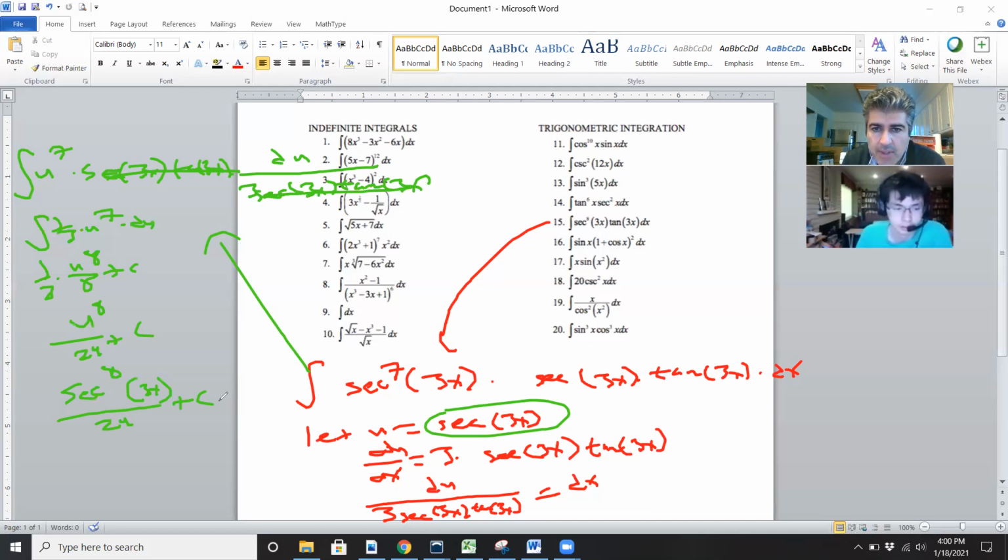So now let's take a look at 17. So 17, what I'm going to let you do is let u equal x squared. Find du/dx. Isolate dx.